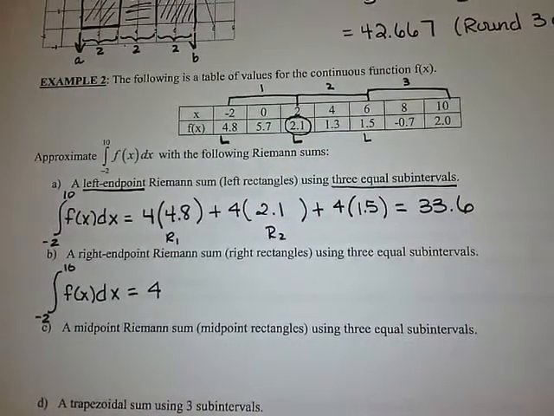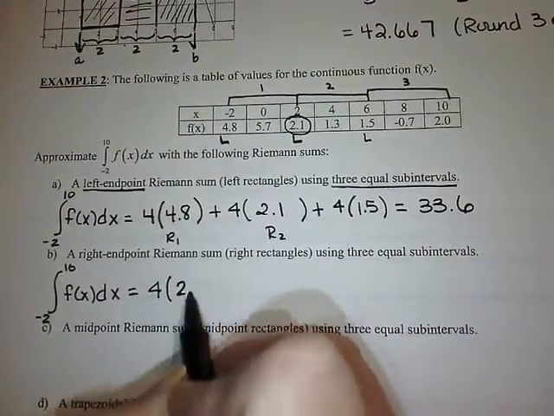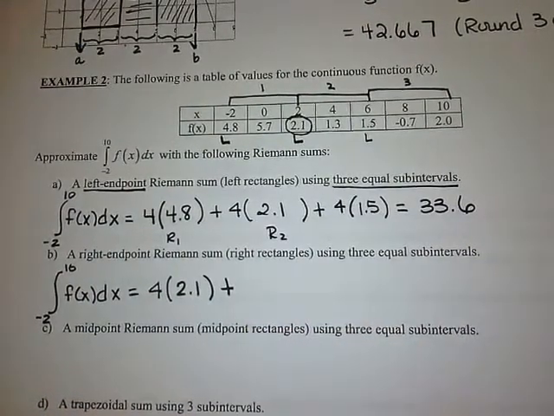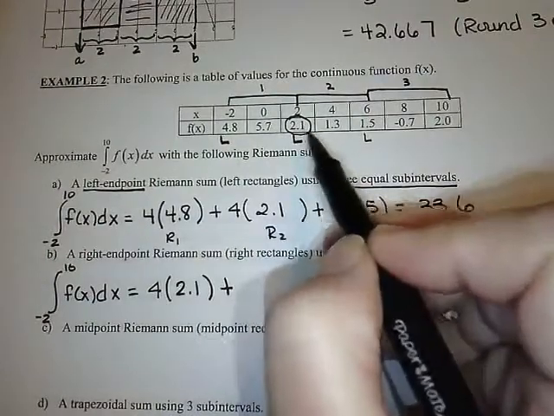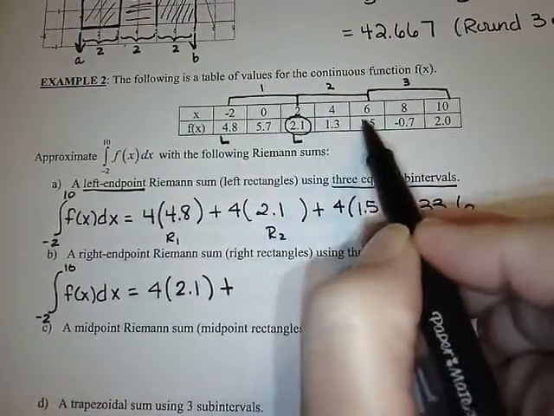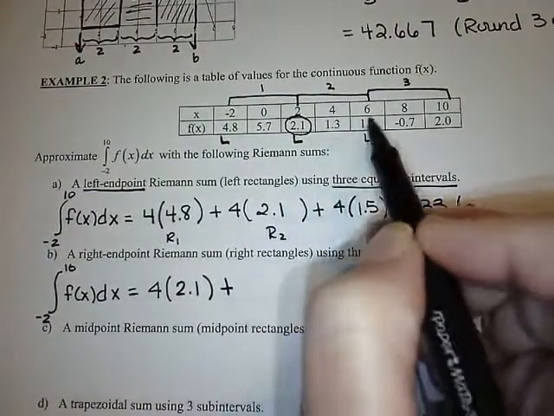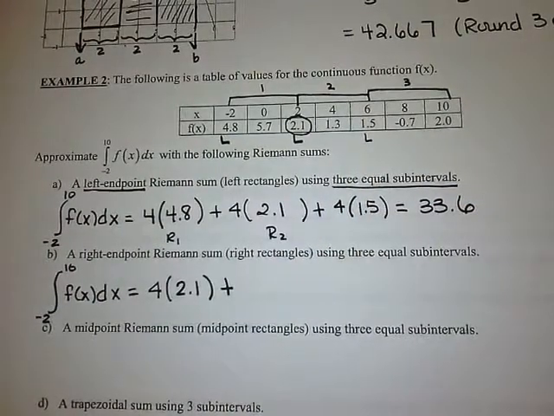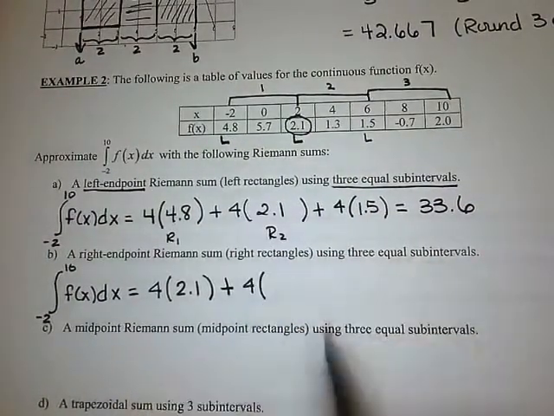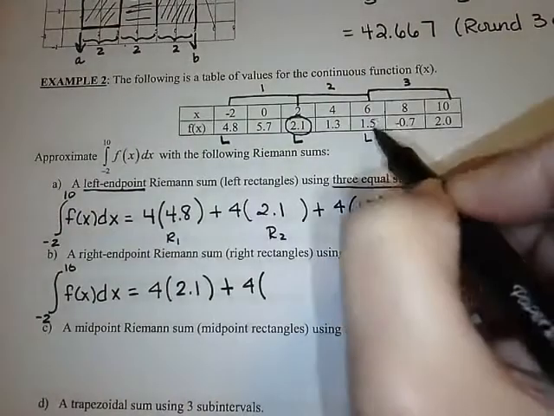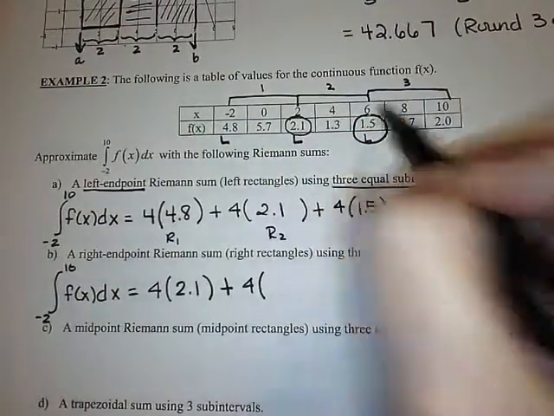I'm going to start with 2.1 because I'm now starting with the right-hand part. So I'm going to do 2.1. Okay, then I look at rectangle number 2. So here's rectangle number 2. Still has a width of 4. But it's going to connect on the right-hand side. So that means that it's right here.